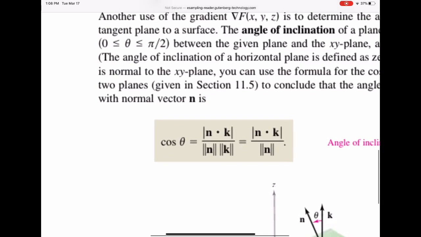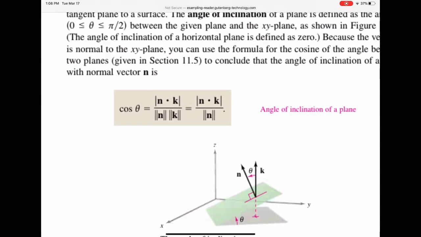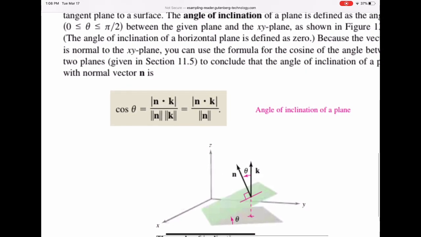But the norm of k is 1, because k is like 0, 0, 1. So that's why the cosine of theta, the angle of inclination of a plane, is just the dot product of n with k, you take the absolute value and you divide by the norm of n. That's it. And if you have a plane, you know how to find a normal vector.